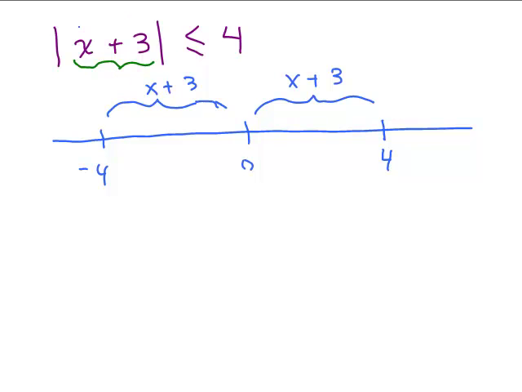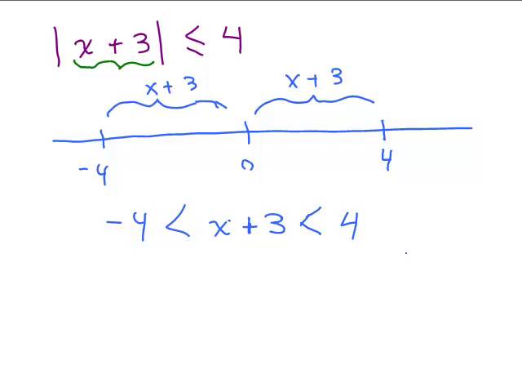So whatever's inside that absolute value, it's not an x this time, it's an x plus 3. Whatever's in there has to be between -4 and 4. Just like when it was x, we put that x would be between -4 and 4.